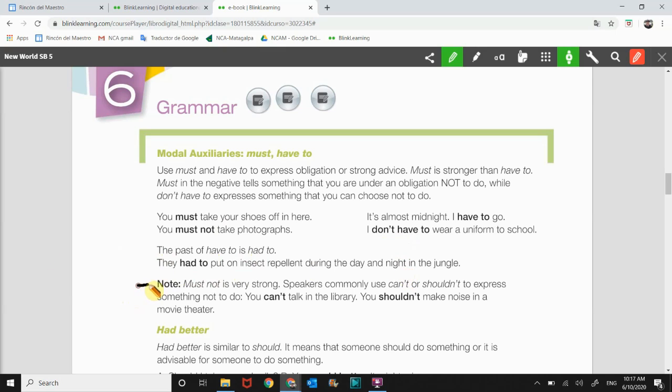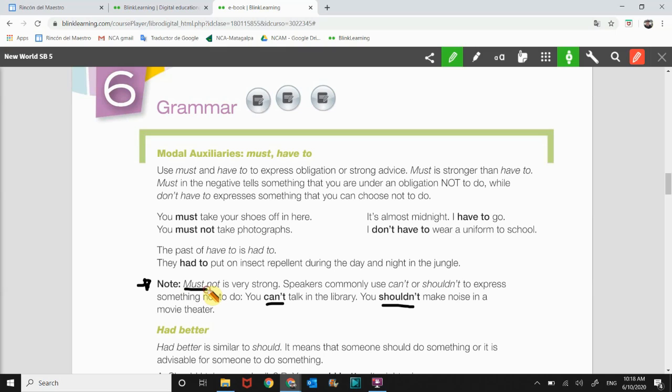And this note right here, must not is very strong. Speakers commonly use can't or shouldn't to express something not to do. You can't talk in the library. You shouldn't make noise in a movie theater. When we're using can't or shouldn't, it's a little more polite, I guess you could say.